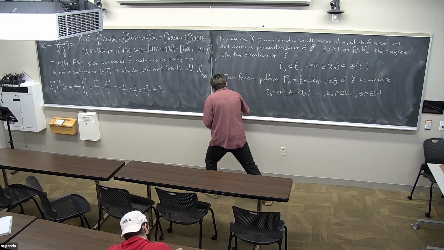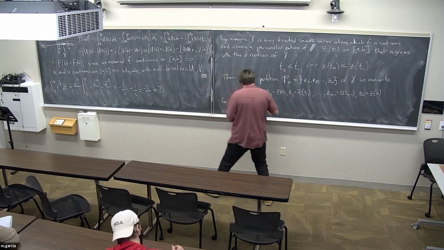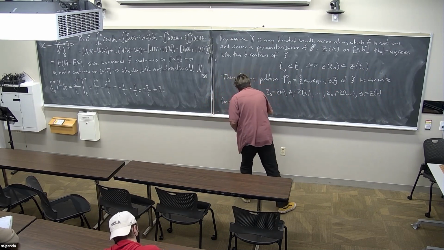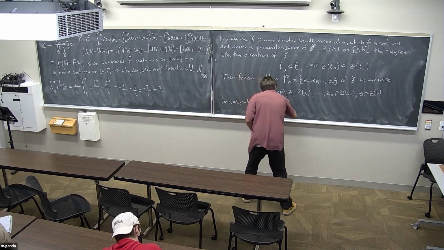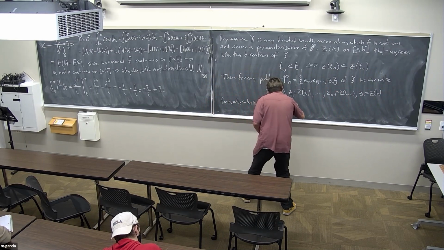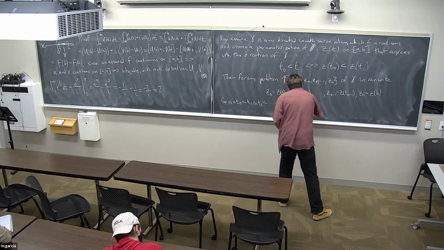Or a, we'll call t naught, strictly less than t1, strictly less than t2, up to t n minus 1, strictly less than t n, which we're just letting equal b.